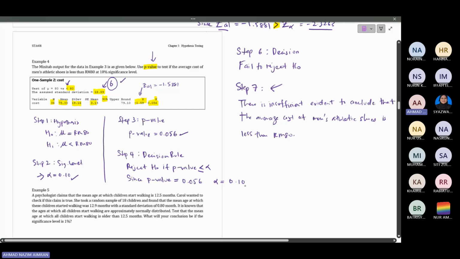This one, it is less than. Let me check. Why this time it is reject?